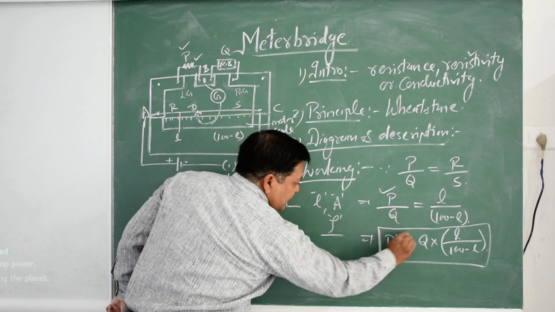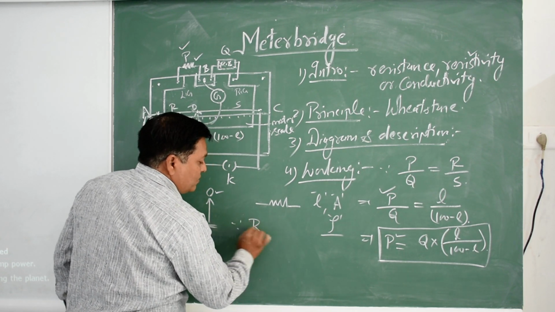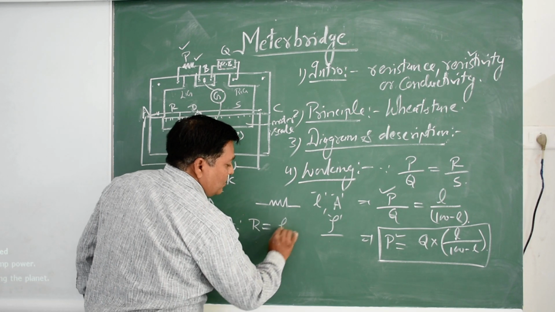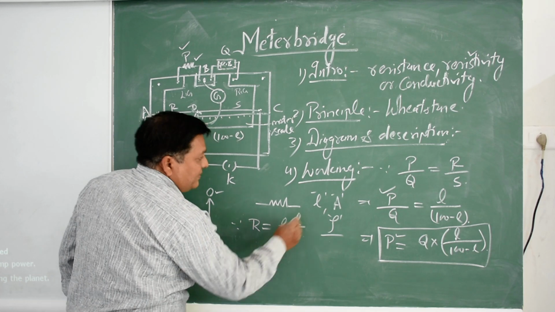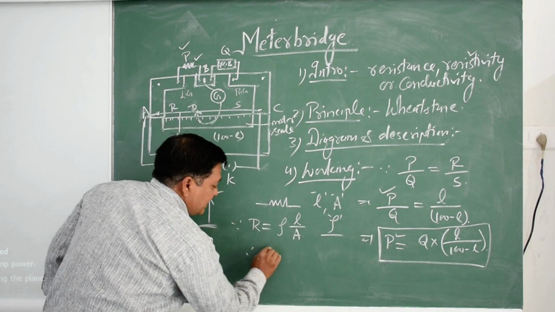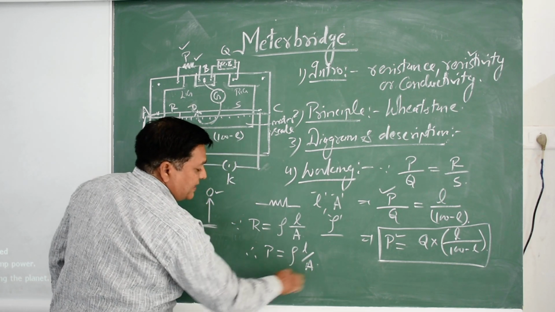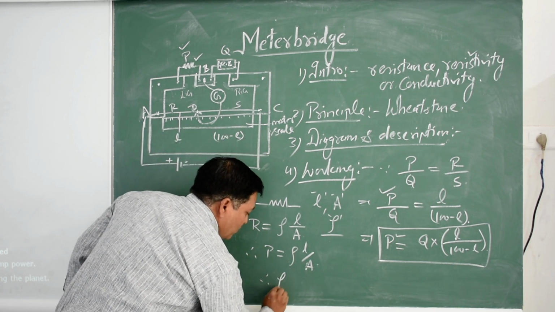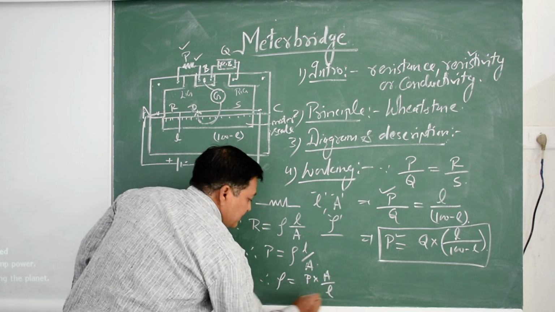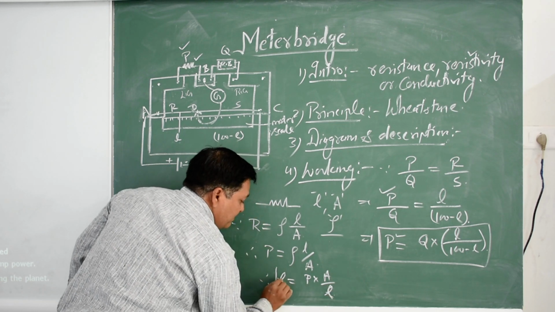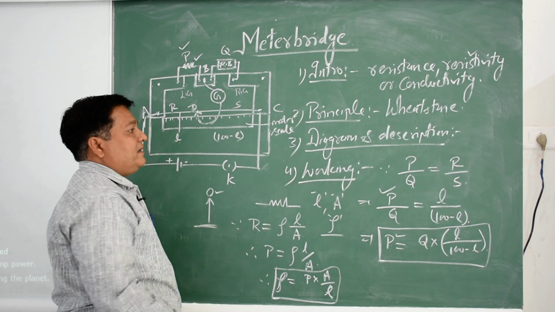Therefore, if P is the resistance we have found, then according to the formula R is equal to rho into L by A, we can write that P is equal to rho into L by A. When we transpose this, rho becomes P into A by L, and this will be the resistivity of the particular wire.